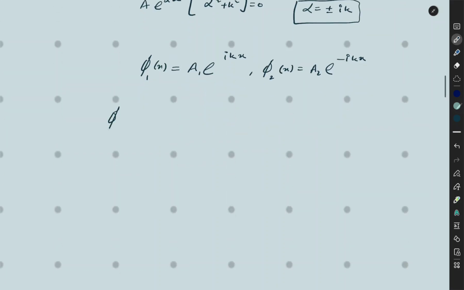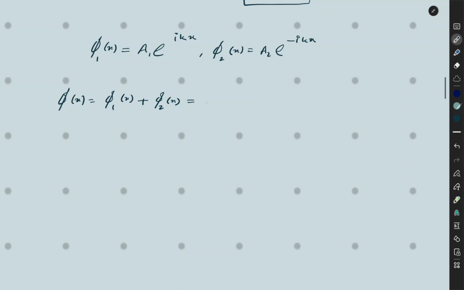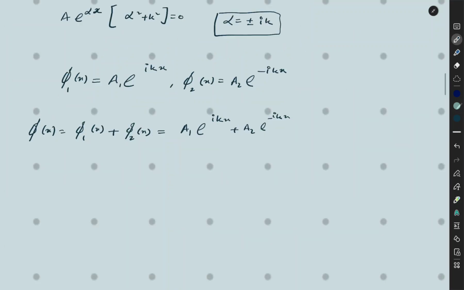So to get our original wave function, we need to add both, that is phi of 1 of x plus phi of 2 of x. If we add both, then we will get A1 e to the power of iota kx plus A2 e to the power of minus iota kx.